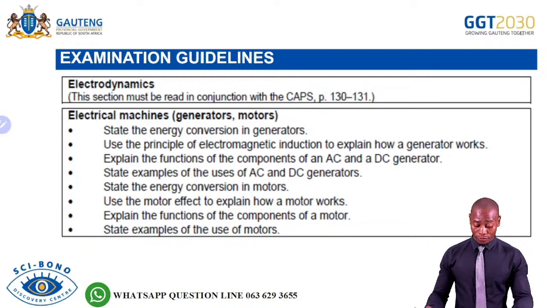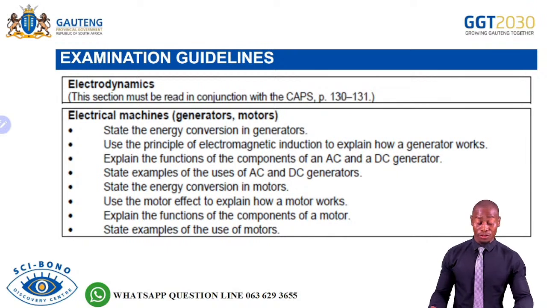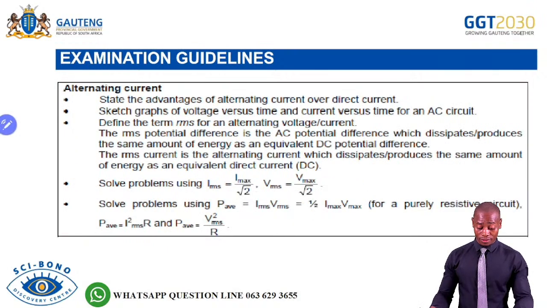State examples of the uses of AC and DC generators. State the energy conversion in motors. Use the motor effect to explain how a motor works. Explain the functions of the components of the motor. State examples of the uses of motors.